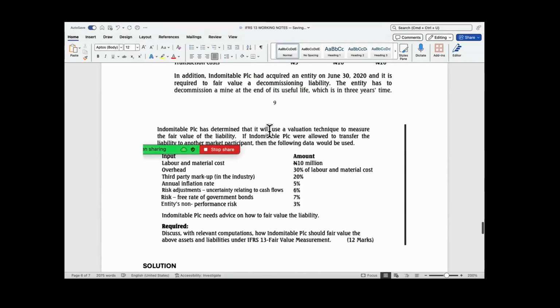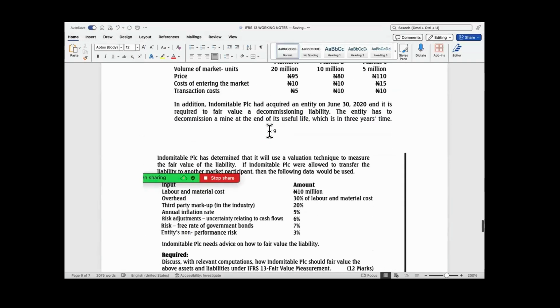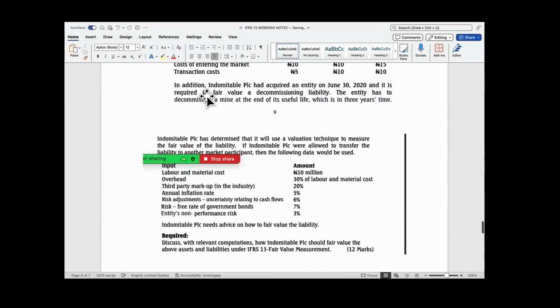Now, let's go to the liabilities. If you look at the second paragraph here, they said, in addition, Indomitable acquired an entity on June 30th, 2020, and it is required to fair value a decommissioning liability.